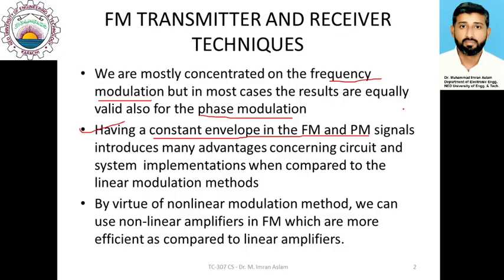In comparison to linear modulation schemes, they are rather easier to implement in certain cases. And moreover, because these are non-linear modulation schemes, we can use non-linear amplifiers in FM, which are practically more efficient as compared to linear amplifiers. So this gives another advantage when we use FM for transmission purposes.